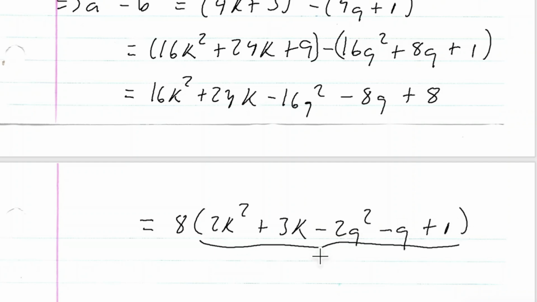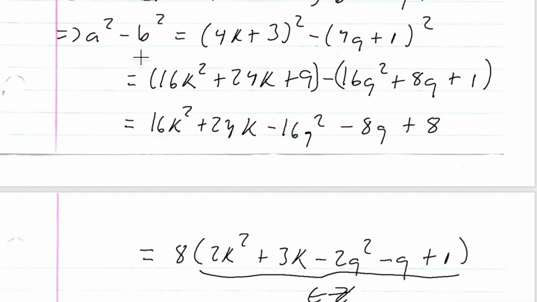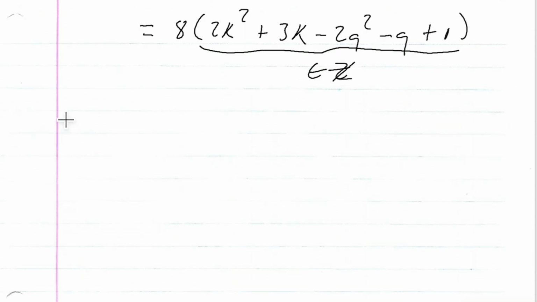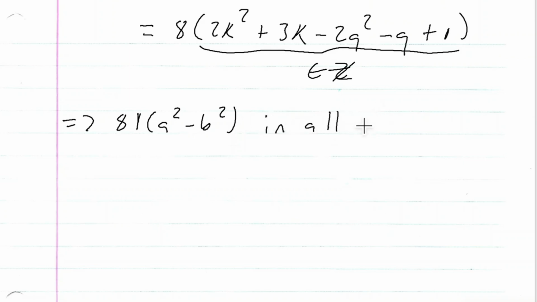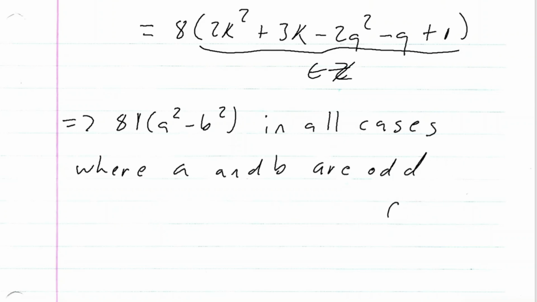And then, of course, we have a squared minus b squared is equal to 8 times an integer. So this means 8 divides a squared minus b squared in all cases where a and b are odd. And that's what we set out to do. That is the proof.